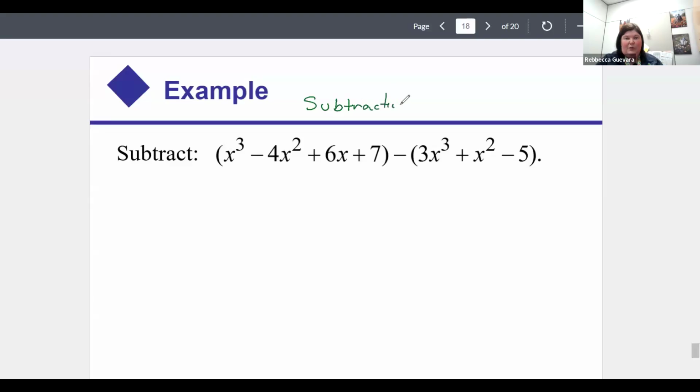So here, like I said, we're subtracting polynomials. To do that, we have one polynomial in parentheses, then we say subtract, and then this would be my other polynomial. This is very similar to adding. We just have that first step where we have to distribute this negative.